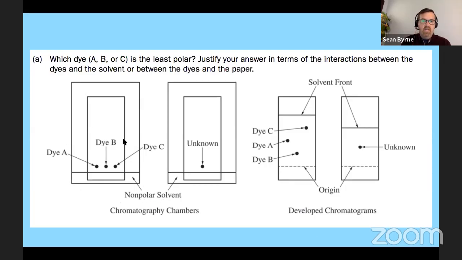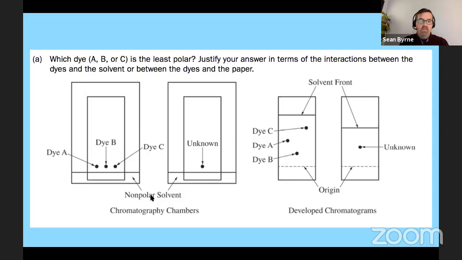So when we're looking at the three dyes over here and we see how they traveled up the chromatography paper, we know that the non-polar solvent traveled from here all the way up to the top. And so what we want to consider is which of these three, A, B, or C, is the least polar.